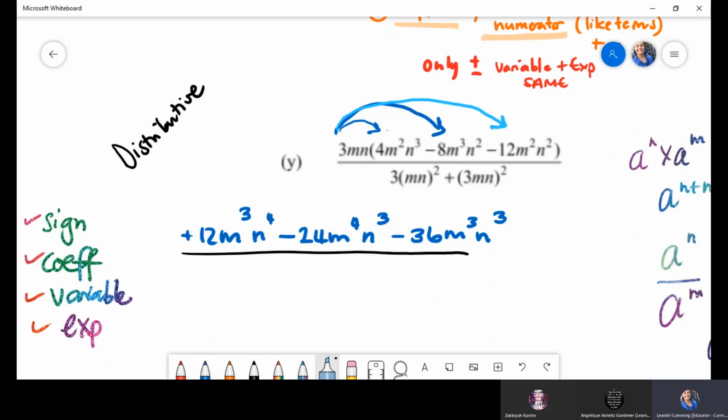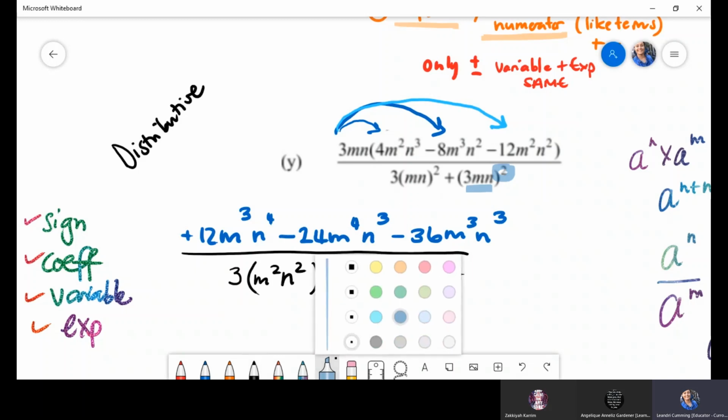Right, I'm done. Now I go to my denominator and I see, okay, great. That 3 is in front of the bracket. Mn to the power of 2 becomes m squared n squared. Plus, now, what is different with this second term in my denominator is the fact that this whole 3mn is squared, which gives me positive 9 m squared n squared.